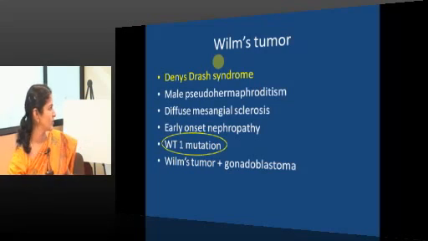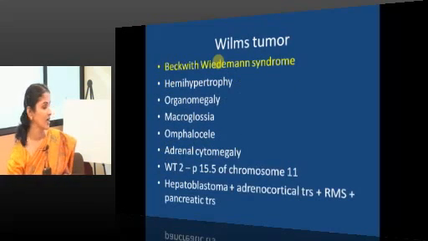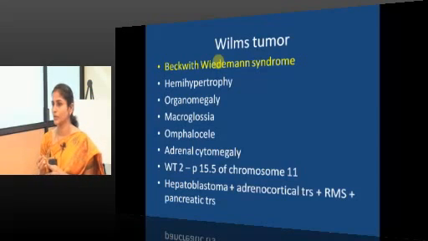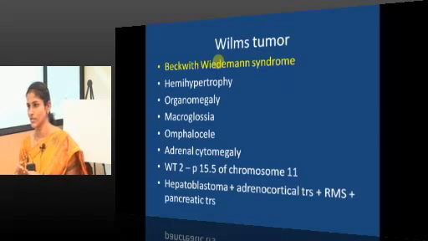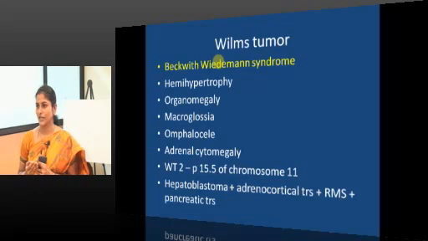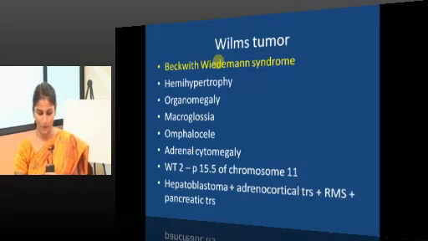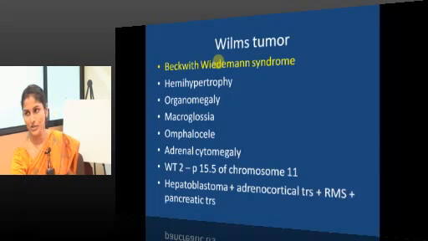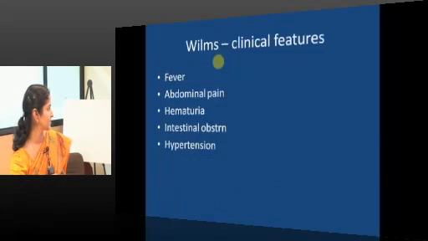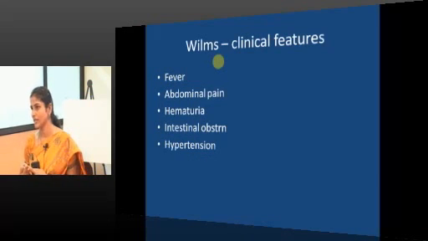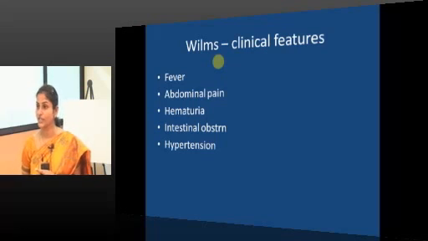The third syndrome will be Beckwith-Wiedemann syndrome, where the patient will have hemihypertrophy, organomegaly, omphalocele and adrenal cytomegaly, and here the patient, in addition to Wilms tumor, may develop hepatoblastoma, adrenal cortical tumors, soft tissue tumors and others. The usual presentation will be fever, abdominal pain, hematuria or even hypertension in a child.